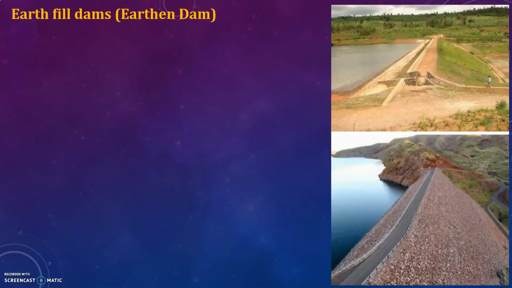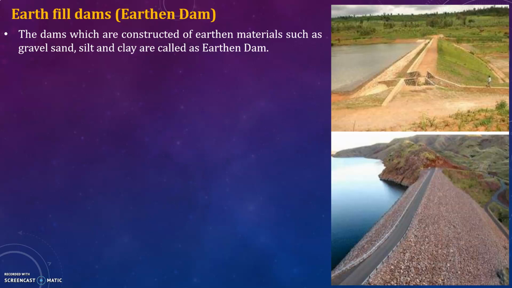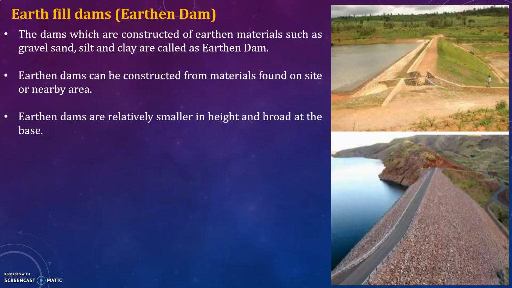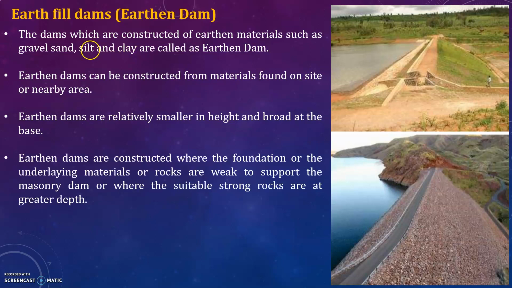Let us discuss the next type, that is earth-fill dams or earthen dams. The dams which are constructed of earthen materials such as gravel, sand, silt, and clay are called earthen dams. And earthen dams can be constructed from materials found on site or nearby area. Earthen dams are relatively smaller in height and broad at the base.